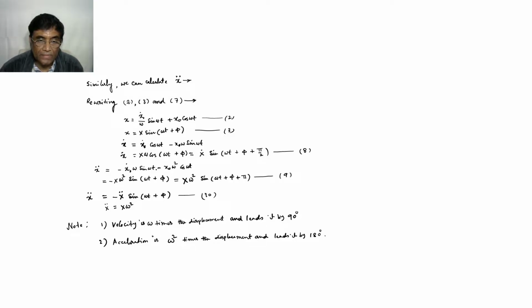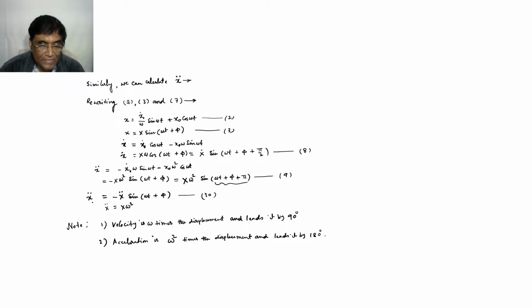So we are getting this expression, minus, that is giving you x omega square sin omega t plus phi. Again we are writing this minus. Now it will be plus, because we have added the pi term here. So this is the third quadrant, where sine is negative. So we have written this with a purpose.